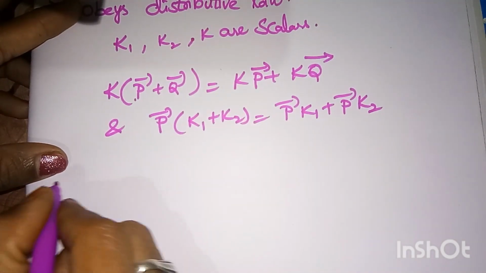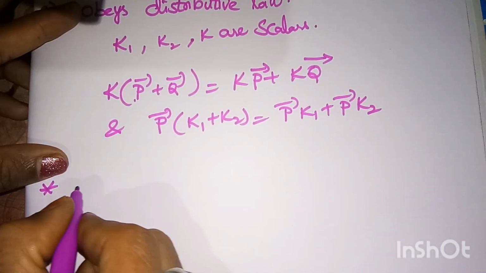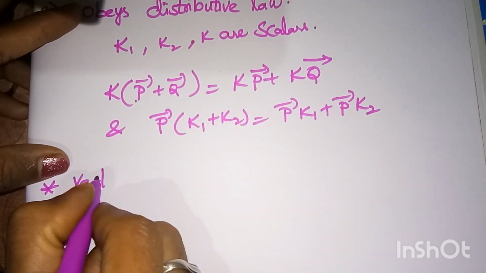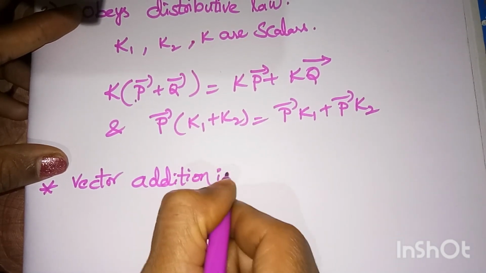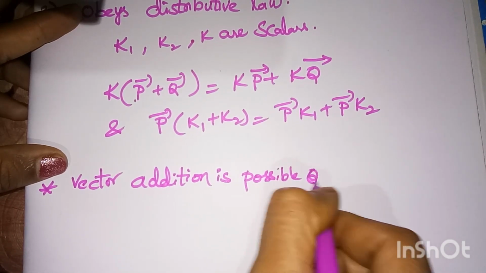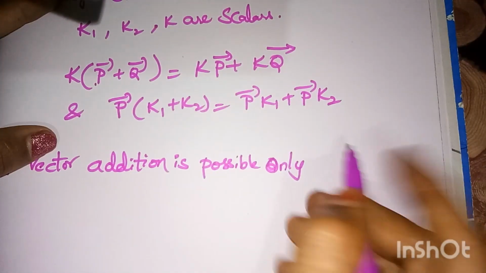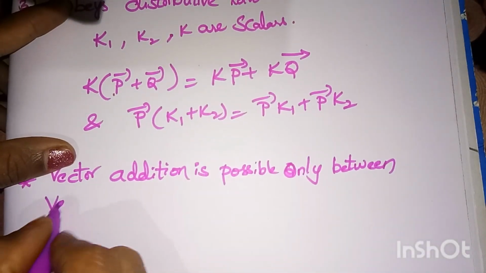And some important points based on vector addition. Vector addition is possible only between vectors of the same kind.